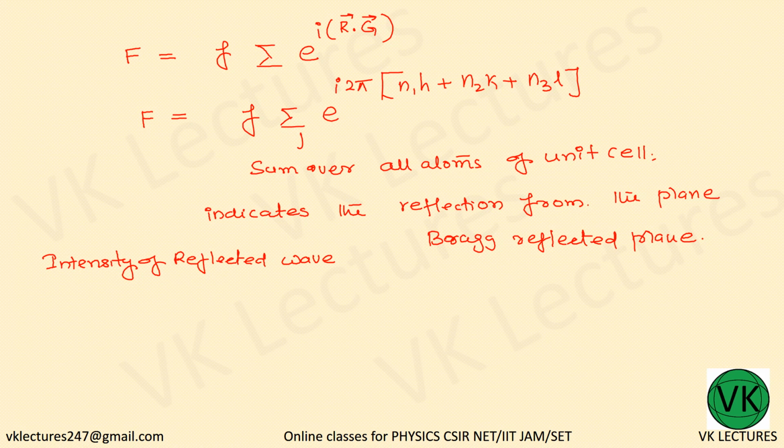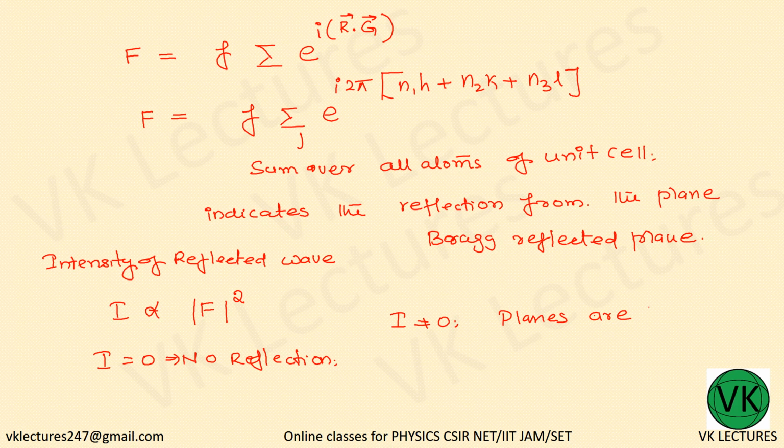Okay, so intensity is proportional to the square of the magnitude of the geometrical structure factor. If I equals 0, it implies no reflection. Okay, if I not equal to 0, it says that the planes that we are considering are Bragg reflected.